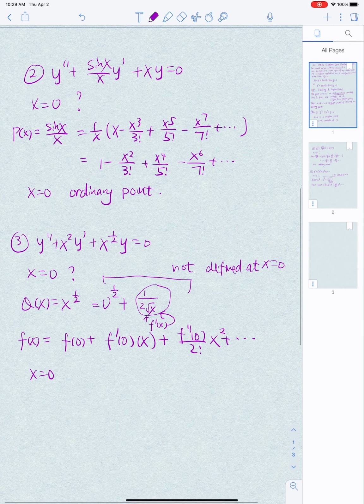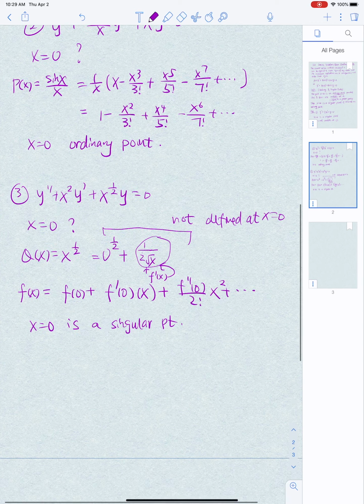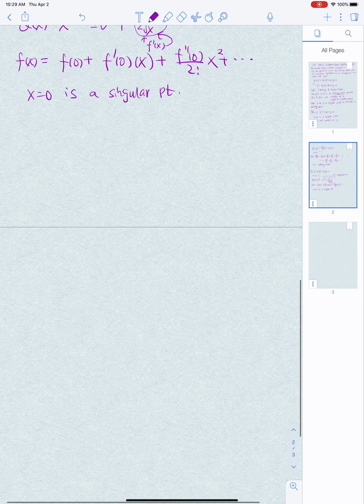So x equals 0 is a singular point. Okay, so this is how to check whether it's a singular point or ordinary point.